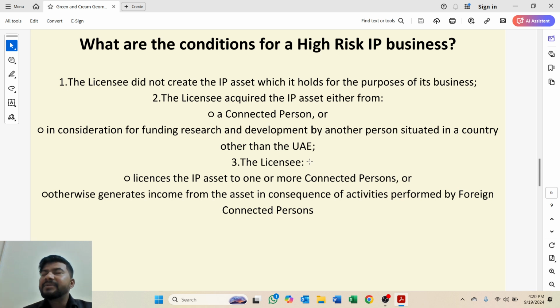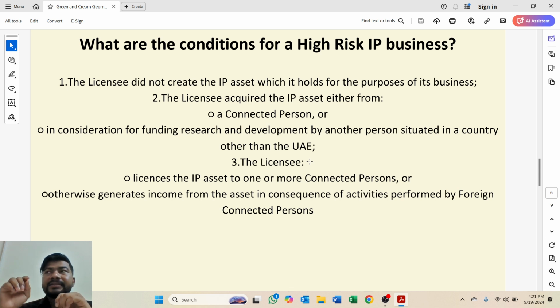Now what ABC Limited does is fund the research and development cost to that person and acquire the business. So the acquisition will be from two kinds of persons: one is a connected person, or another is any other person who is not in the UAE, in exchange for funding research and development cost.